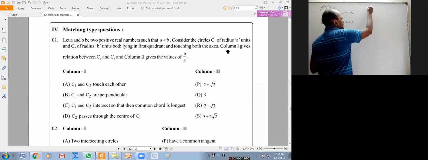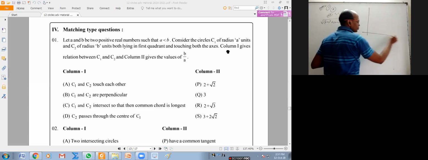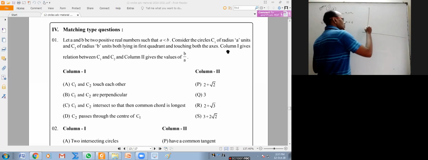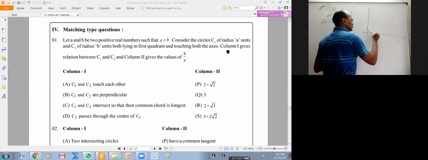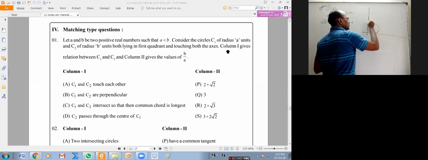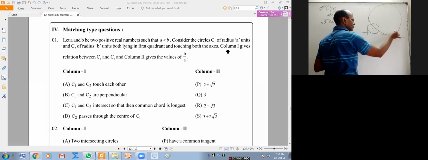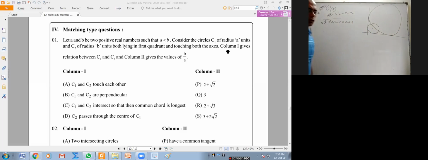Okay. Second one: the two curves intersect perpendicularly, meaning orthogonally. They're intersecting each other orthogonally. So you can find the circle equations and then use 2gg' plus 2ff' equals c plus c', or d square equal to r1 square plus r2 square.